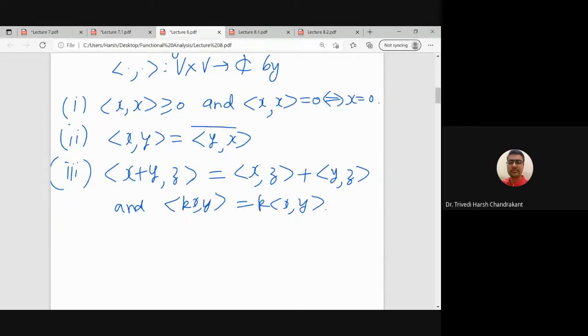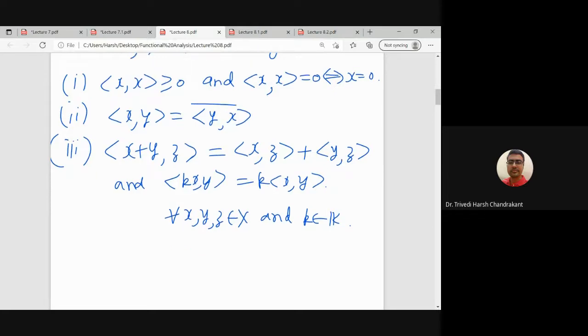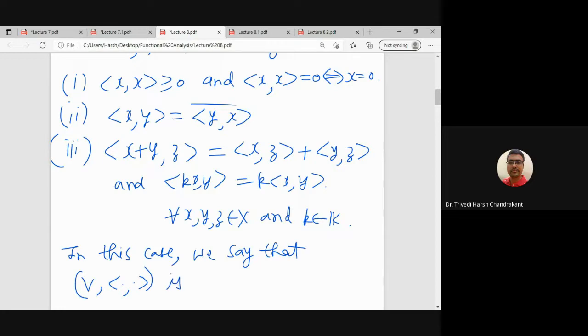Here I have not written it, but basically x, y, z are elements of V and k is an element of K, where K is either the set of real numbers or complex numbers. So whenever we have a vector space V and this function defined on the vector space, we say that V along with this inner product is an inner product space.